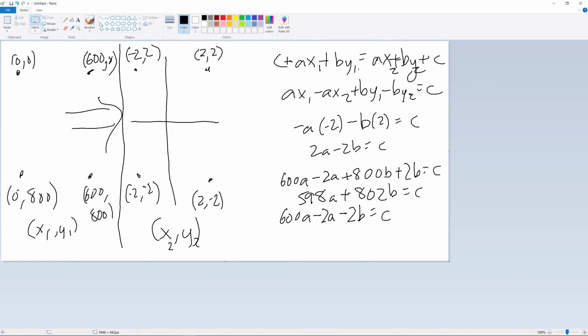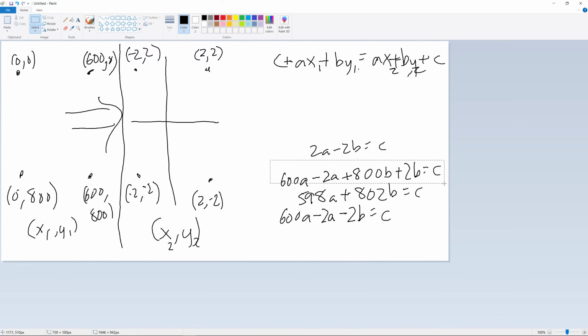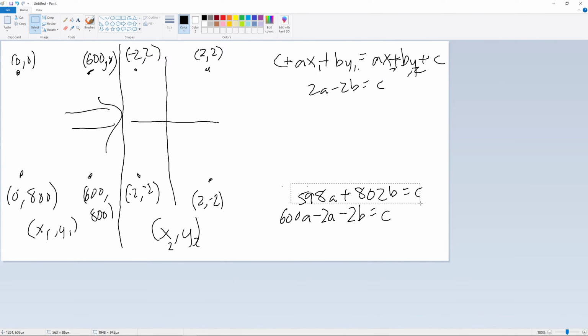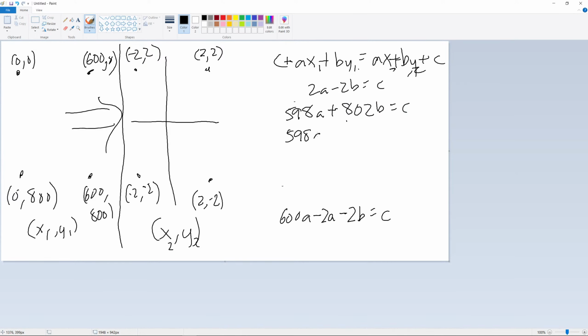So let's start solving. Gonna clear out all the intermediate statements. 598a minus 2b equals c.